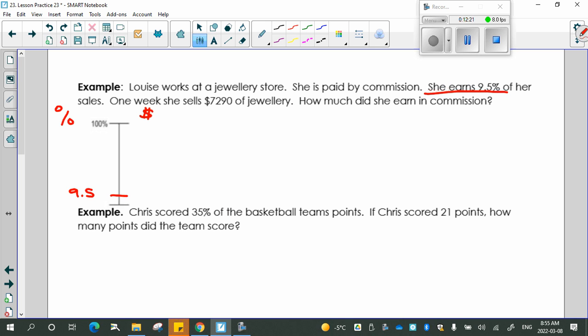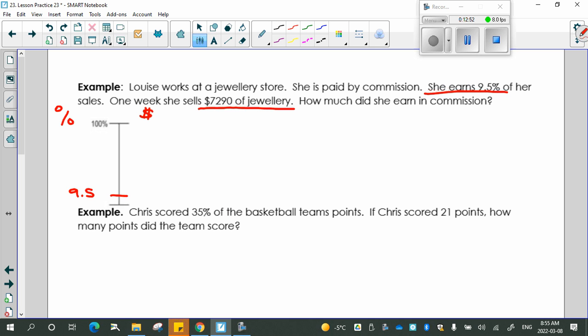Now, she sells $7,290 worth of jewelry. Does anyone know what a commission is? It's like a specific amount of that side. Right, so if she sells that amount of jewelry in a week, then instead of giving her like $15 an hour, they'll give her 9.5% of the value of stuff she sells.